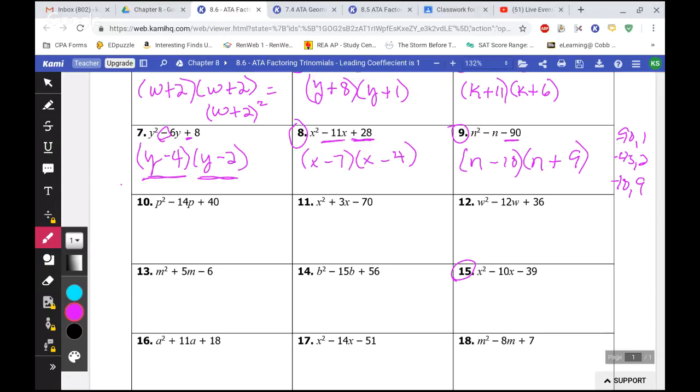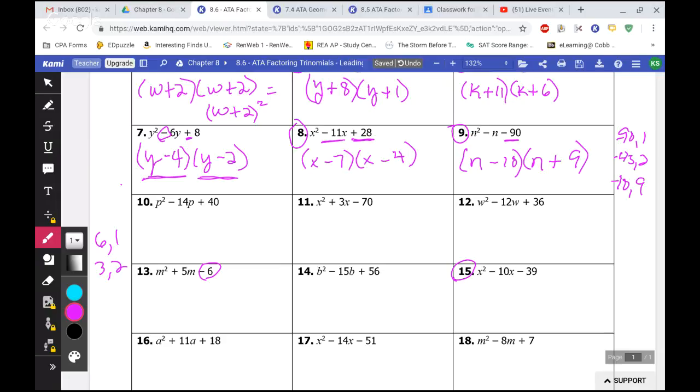So I have a negative here, which tells me one of my factors has to be negative and one has to be positive. So I'm thinking of all the factors of 6, which are 6 and 1, 3 and 2.